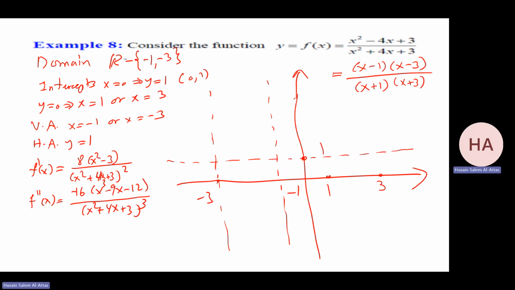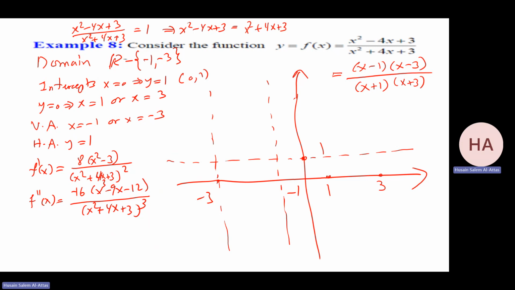Okay. So this one crossed. Y equal 1, yeah, at 0.